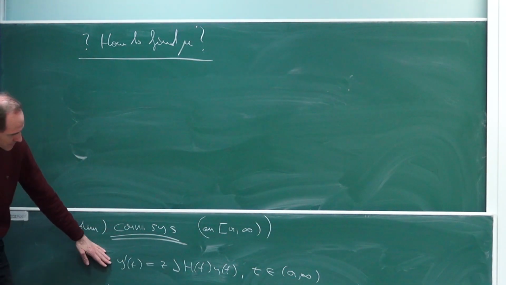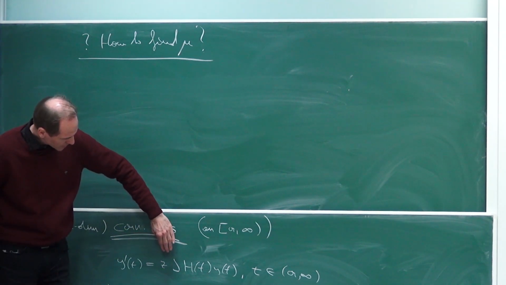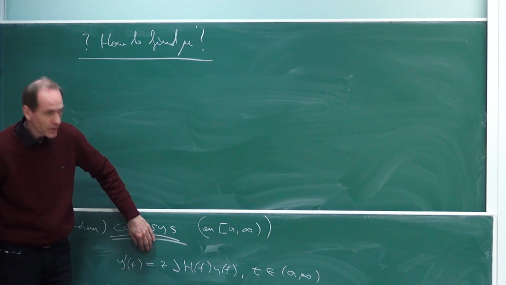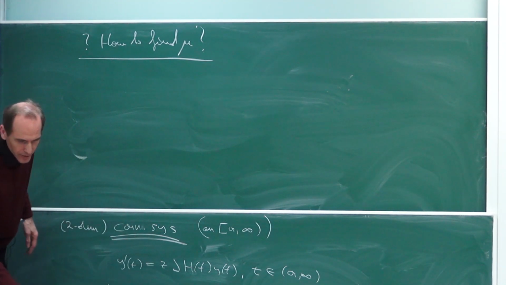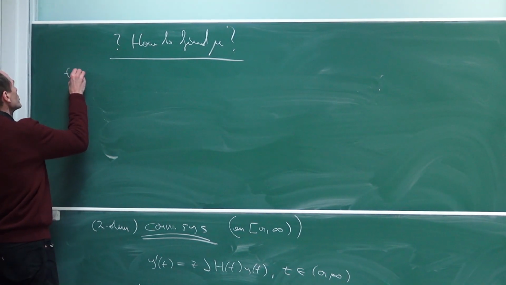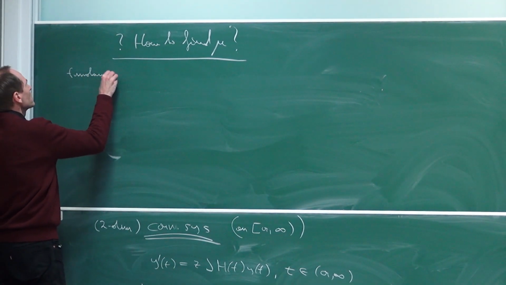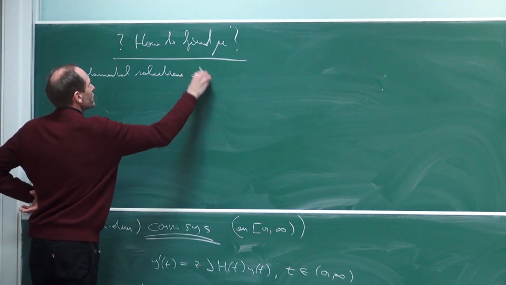It's just in the standard way that you show that for every initial value you find a unique solution. It's just Banach fixed point as always. So now let us start from the fundamental solution matrix of the equation.